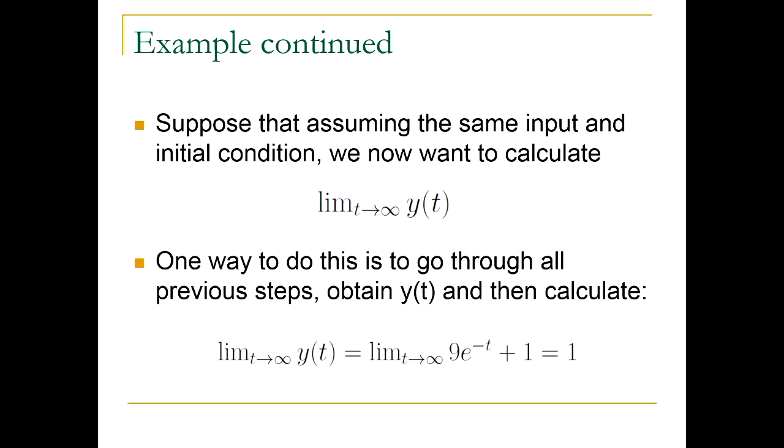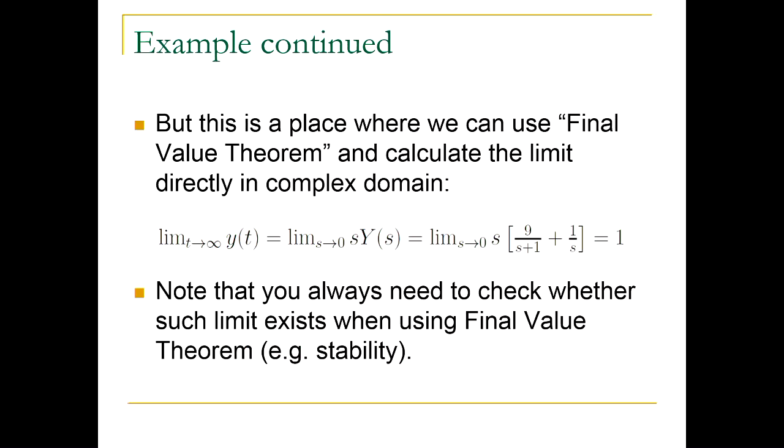However, you do not need to find y of t to find this limit. You can use the final value theorem and do the limit in the Laplace domain. That simplifies things in many cases, but you have to be careful because you need to satisfy certain conditions.